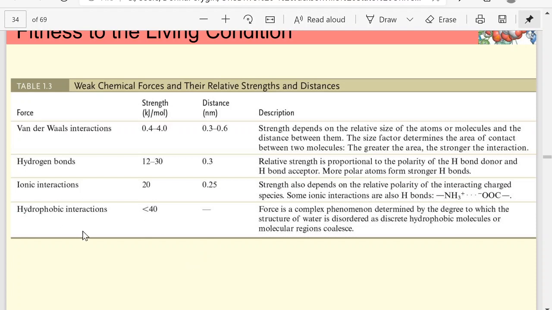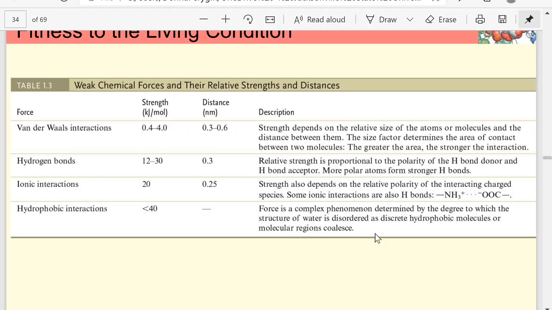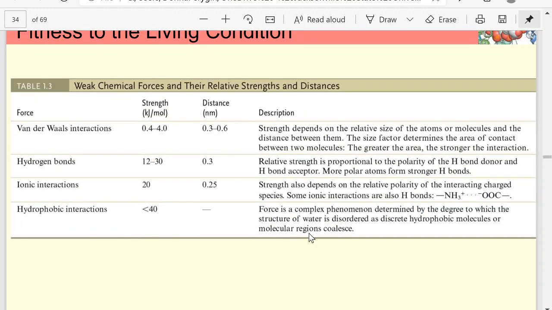And then we have true hydrophobic interactions, which result from water displacing nonpolar molecules or nonpolar moieties in molecules and forcing them together. So water displacing these nonpolar species causes them to aggregate and results in hydrophobic interactions. So this is also a weak interaction.